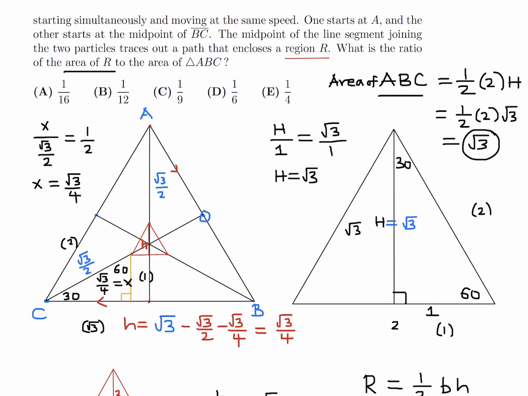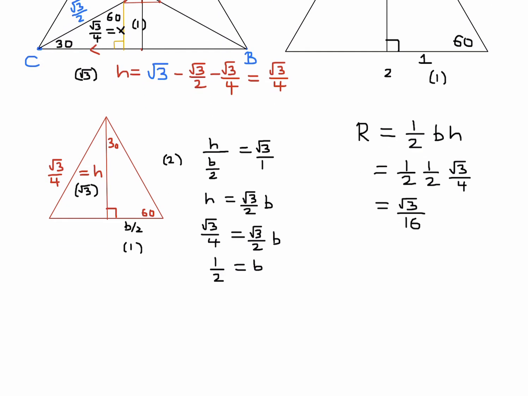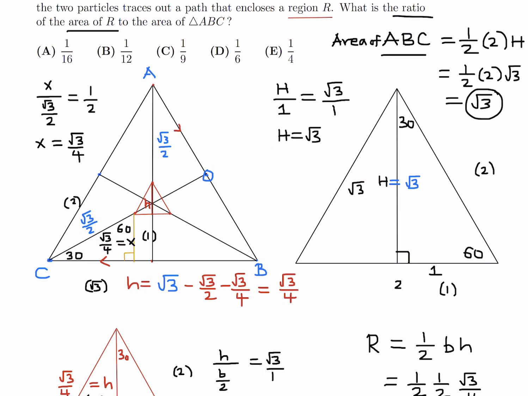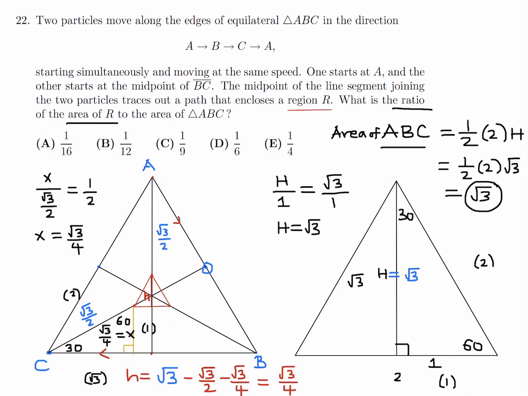I have to figure out the ratio of R to ABC. R is root 3 over 16, and ABC is root 3. So invert and multiply, and you get 1 over root 3, and this just leaves you with 1 over 16. So 1 over 16 is the answer to our question, and therefore number 22, the answer is A.